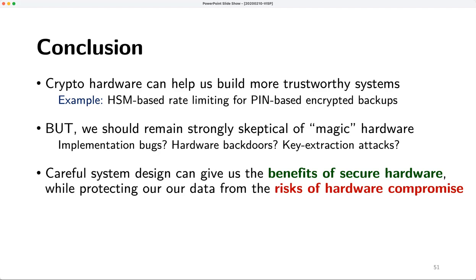So what I would like to see is more systems that make careful use of secure hardware, but at the same time are careful to protect against the compromise of the hardware itself. I'd like to have the benefits of secure hardware if it works, but if it fails, we shouldn't end up with no security. We should gracefully degrade to the state we're in today. So this is my hope for the future of secure hardware.